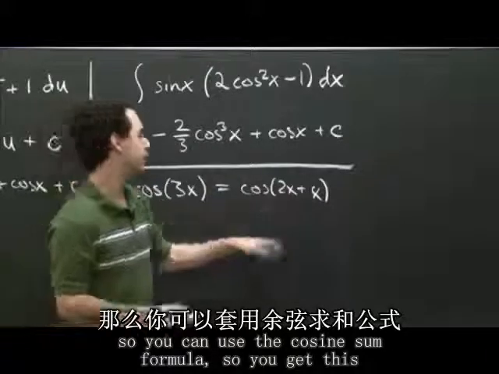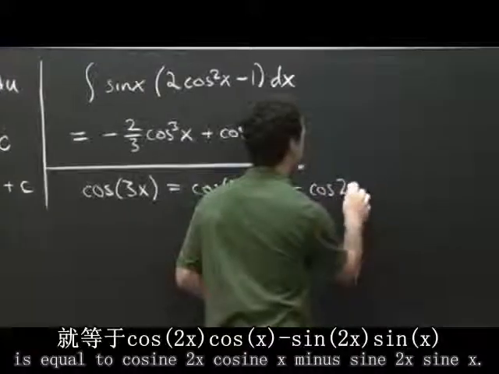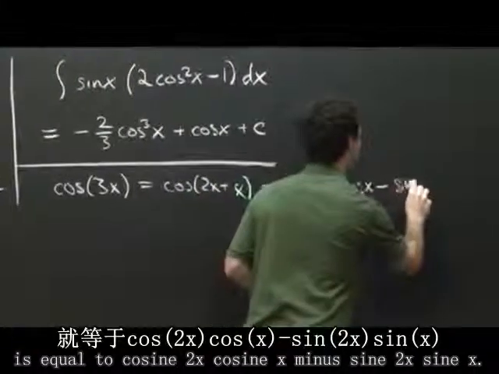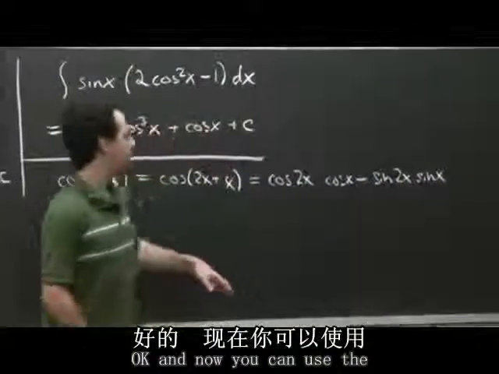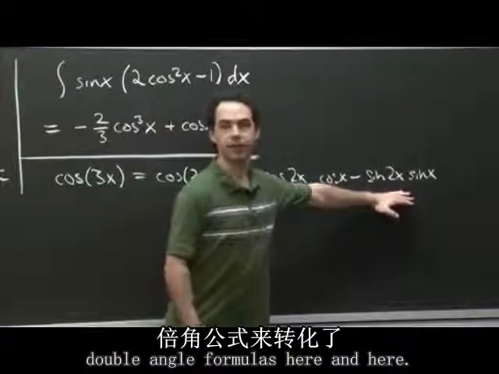So you get cosine 2x cosine x minus sine 2x sine x. Now you can use the double angle formulas here and here.